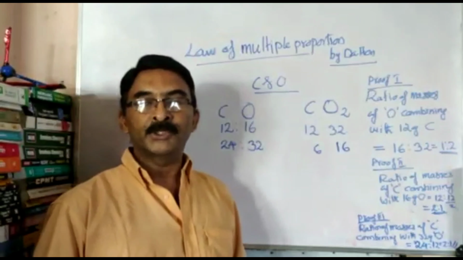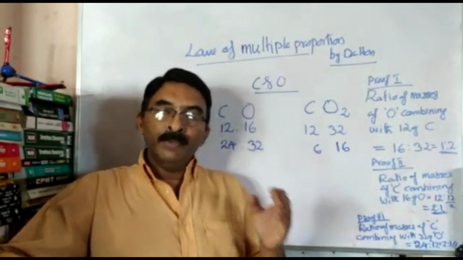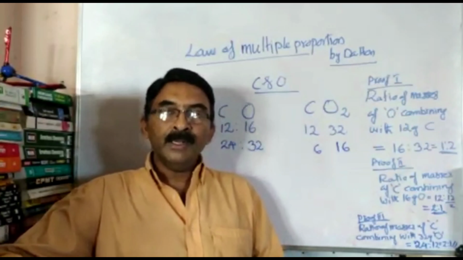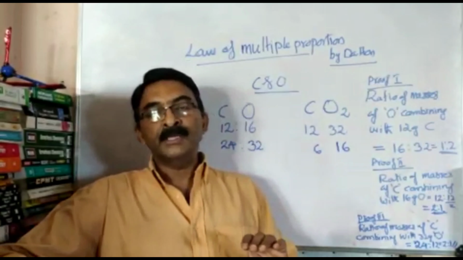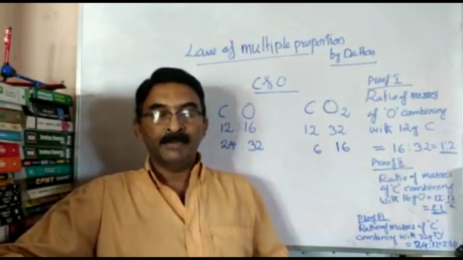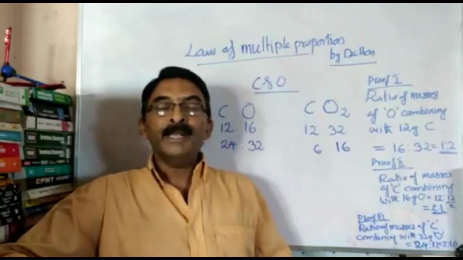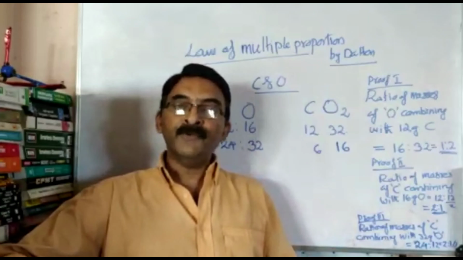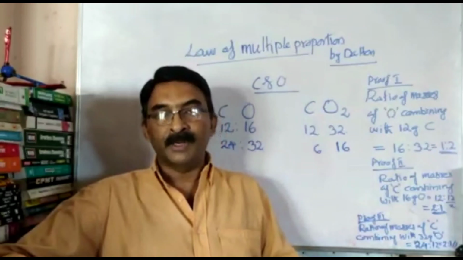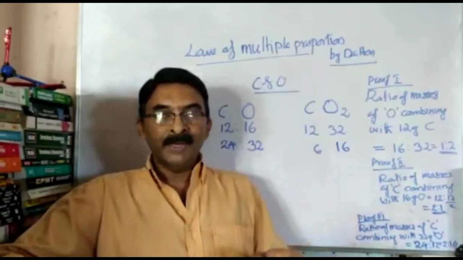So again a simple ratio. So we may take either the first element to have a fixed mass and take the ratio of the second element's mass, or we may take the second element's fixed mass and find the ratio of mass of the first element. Both can be done.